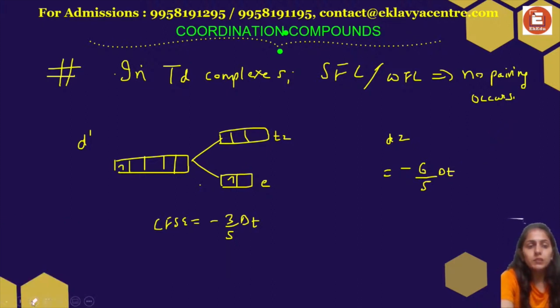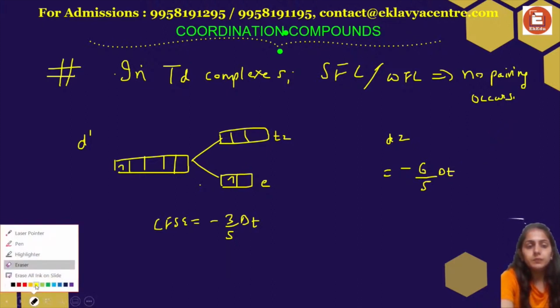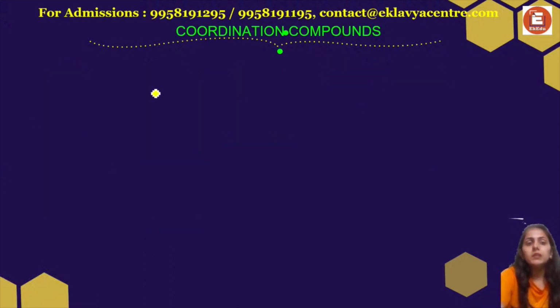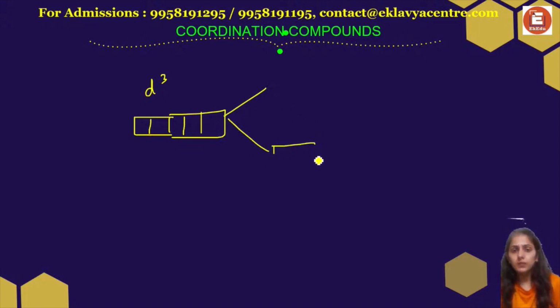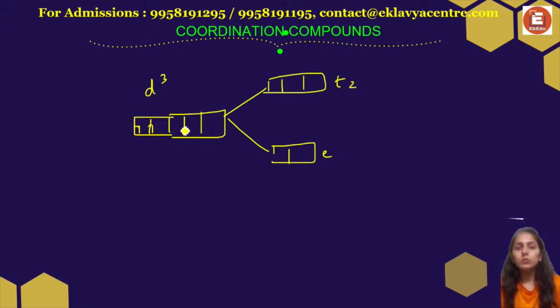Suppose I ask you for d3. What will happen in d3? Yes, splitting will occur and we have the E orbital and we have T2. So 1, 2, 3.